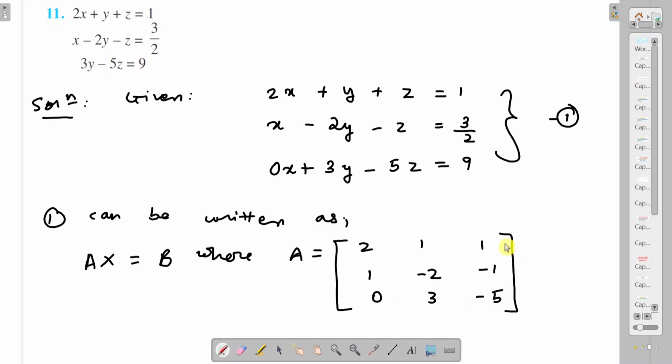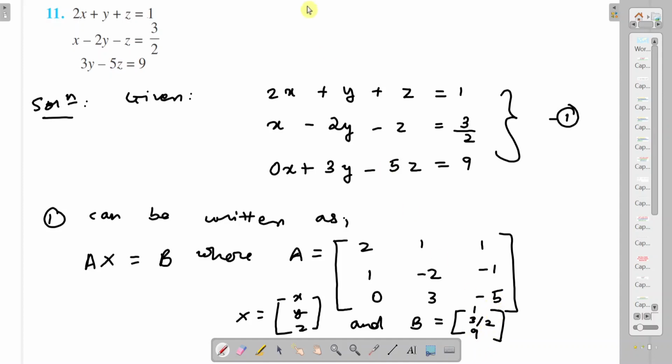Capital matrix X is x y z, since there are now 3 variables, and capital matrix B is 1, 3 by 2 and 9.